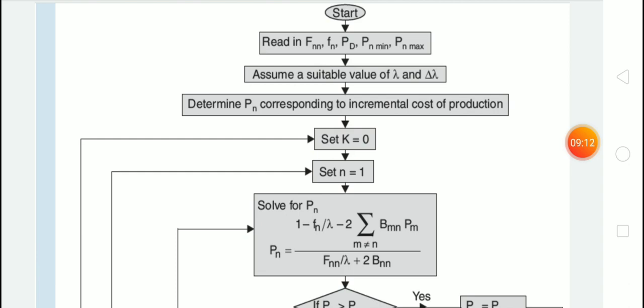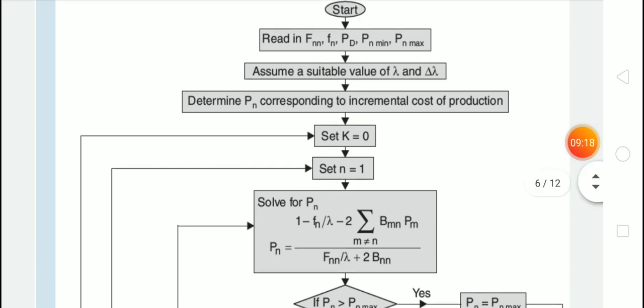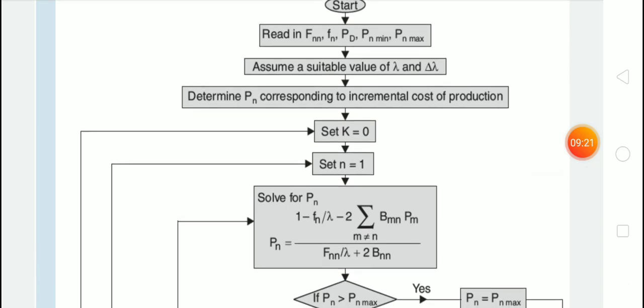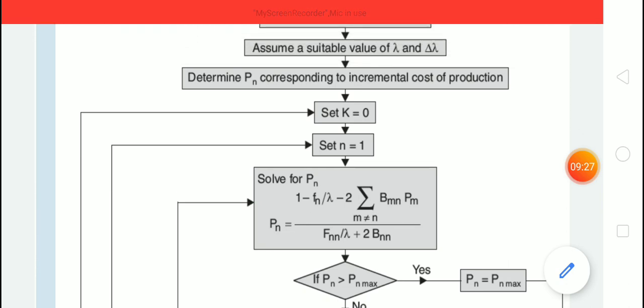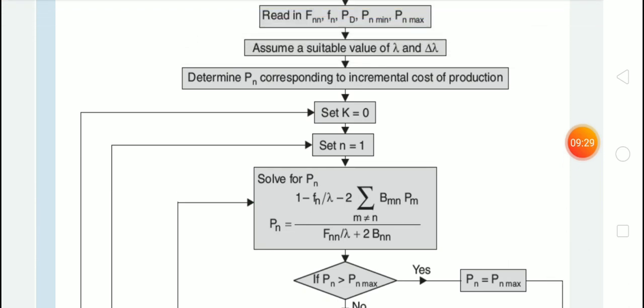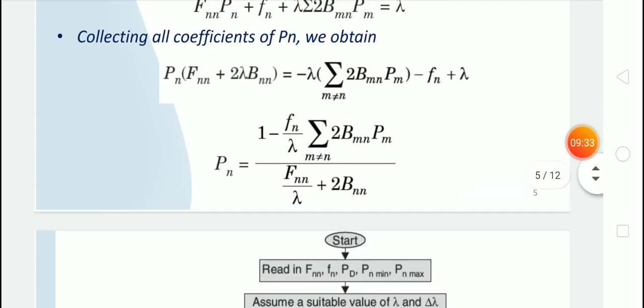Then set k equal to 0 and set n equal to 1, or take the first bus, and find the value of Pn by substituting the value of loss component PL by using the equation derived here.